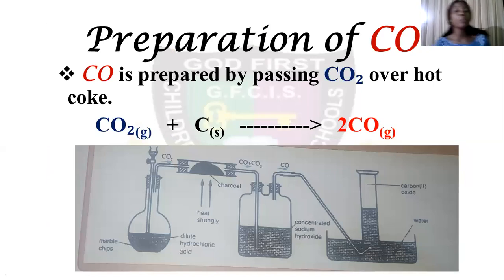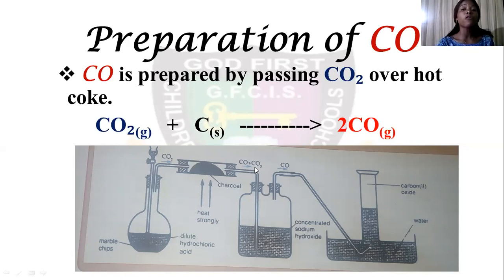Now, methods for preparing carbon monoxide. Carbon monoxide is prepared by passing carbon dioxide over hot coke. Look at it, this is the laboratory setup of that reaction. Concentrated sodium hydroxide is used to avoid the gas being sucked back, and to remove the carbon dioxide.